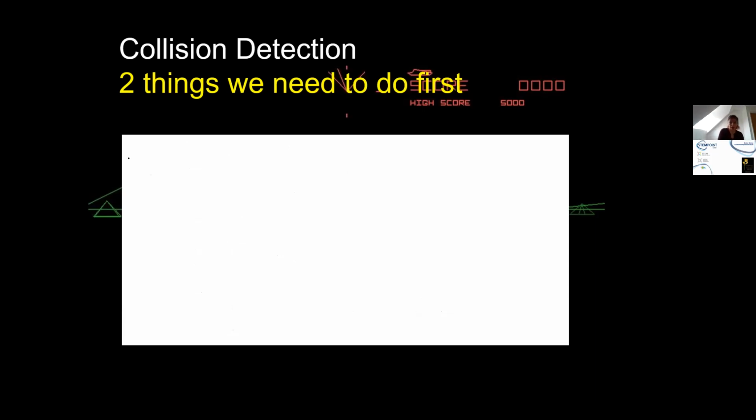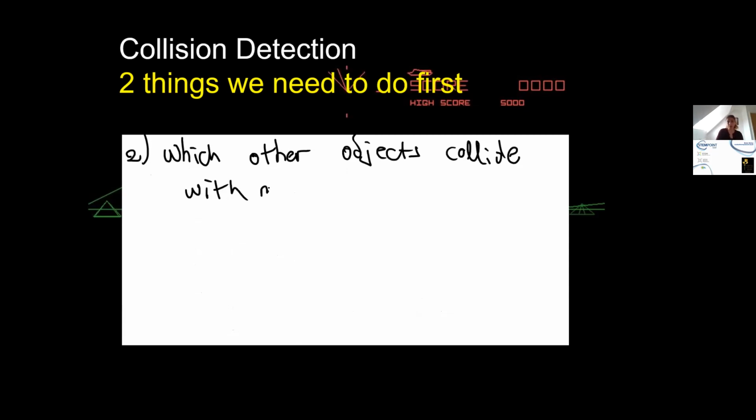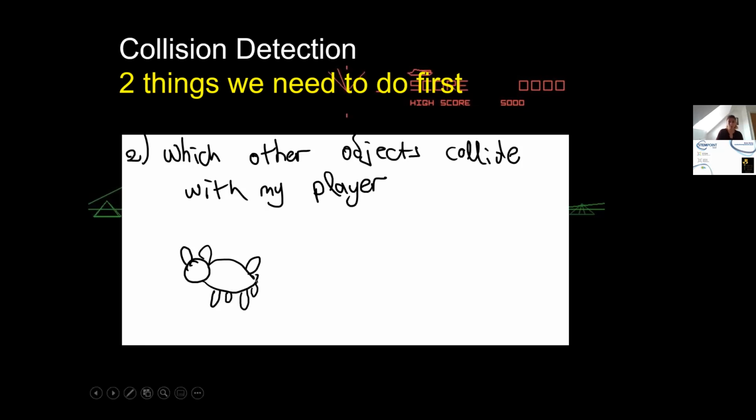The second thing I need to do is identify which other objects collide with my player. So if we go back to my same character, and again, I have, let me make again my hitbox.